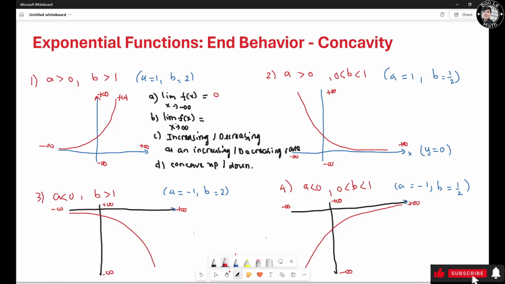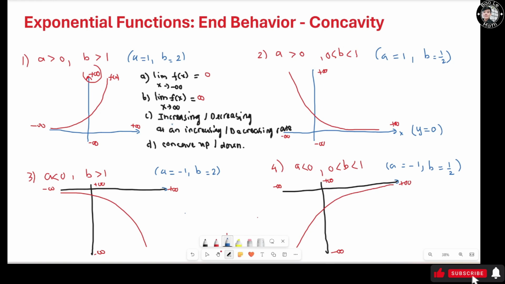Now b, the limit of f of x when x approaches positive infinity, which means x going further to the right, the function is going up, so the function approaches positive infinity right here. So it can be positive infinity.